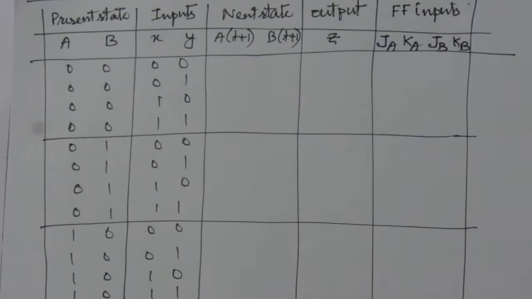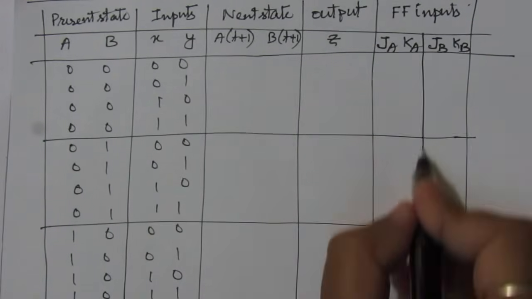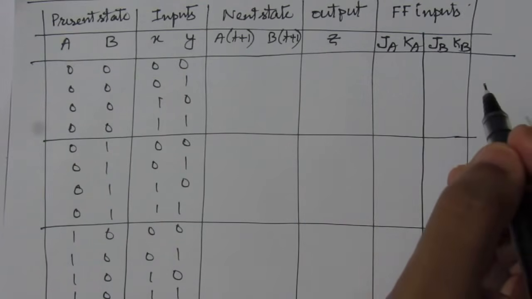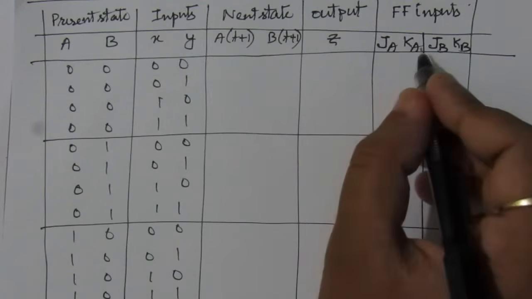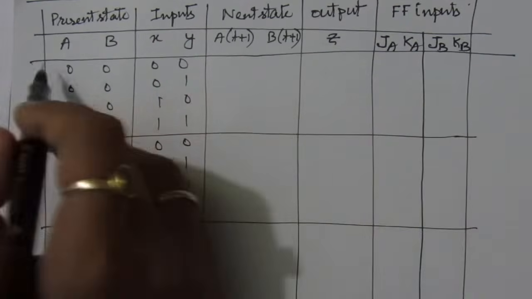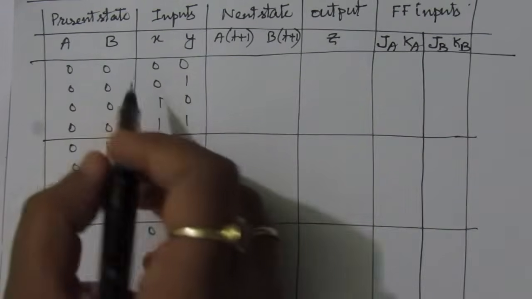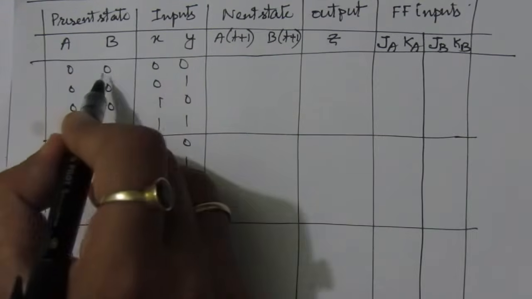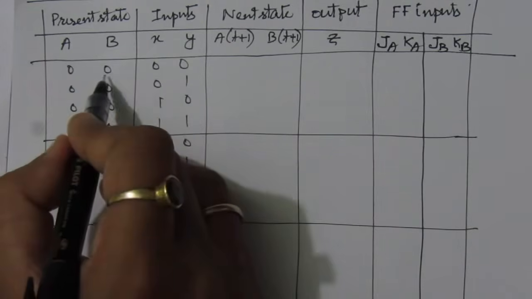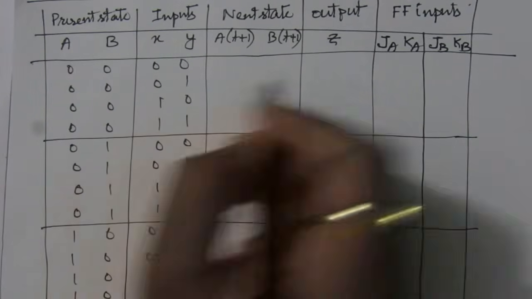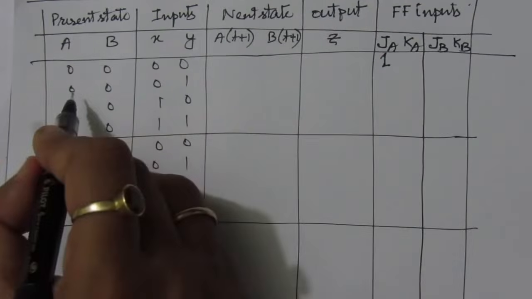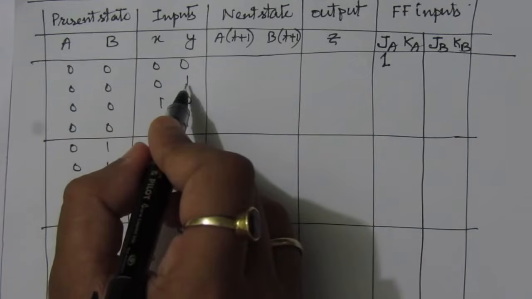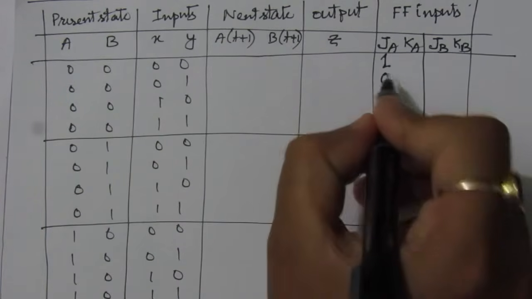We'll now find out the other parameters. We already have the JA, KA, JB, KB equations, so you can easily find out the JA and KA values, JB and KB values using these input variables. We have JA equal to Bx plus B bar Y bar. Bx is 0 and B bar Y bar is 1, so we'll have 1 here. Next, the Bx value is 0 and B bar Y bar is also 0, so we'll have 0 here.